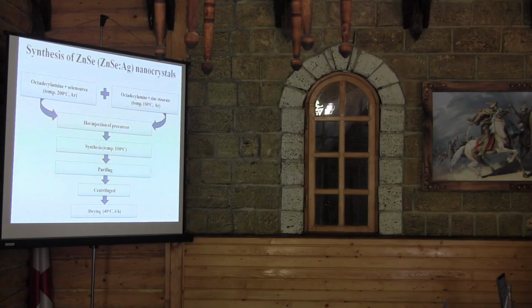In a typical synthesis for zinc selenide and zinc selenide doped with silver nanocrystals, we used the hot injection method, and in the typical procedure we used two precursors. This is the scheme for zinc selenide nanocrystals. In one flask we have octadecylamine and selenourea, and the second precursor was octadecylamine and zinc stearate.